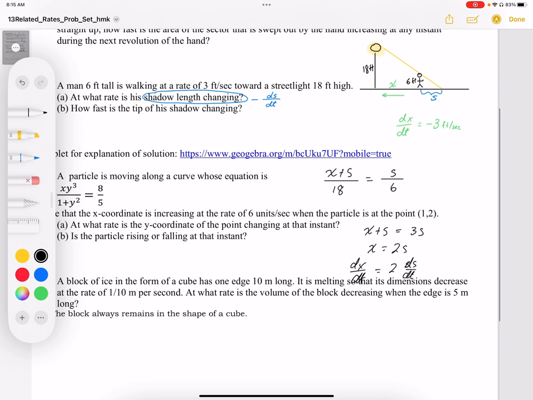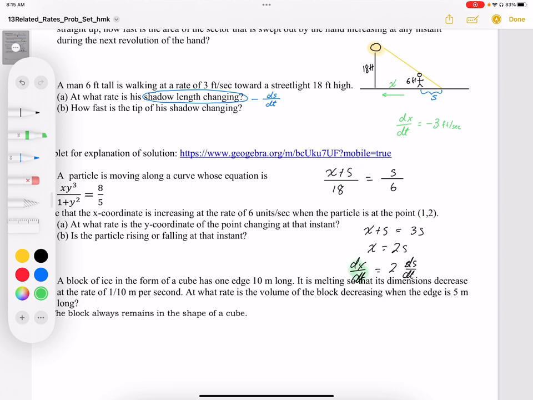Okay, we're told that dx/dt was negative 3 feet per second. I'm just going to highlight that dx/dt, and we're looking for ds/dt. So we're given that dx/dt was negative 3 feet per second, and that's going to be equal to 2 times the ds/dt here.